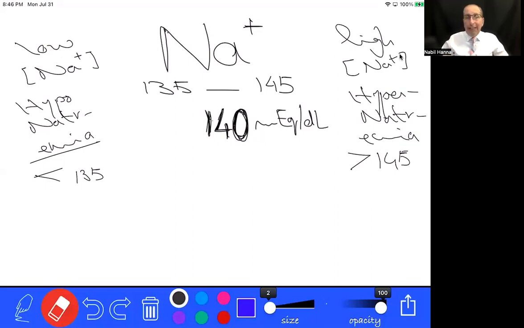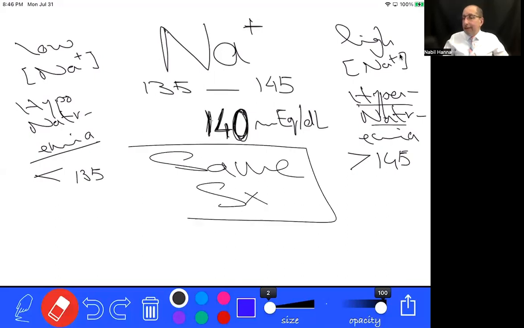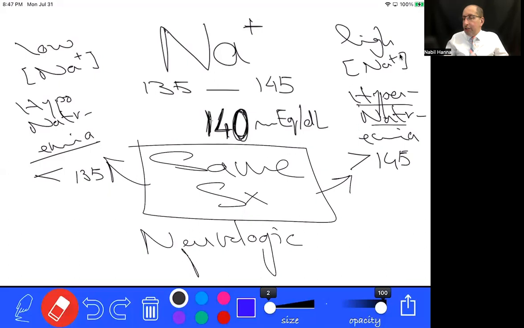And you know what? Clinically, whether you have hyponatremia or hypernatremia, you're going to have the same symptoms. Whether your sodium is too low or too high, you are going to have neurologic symptoms, neurologic manifestations.